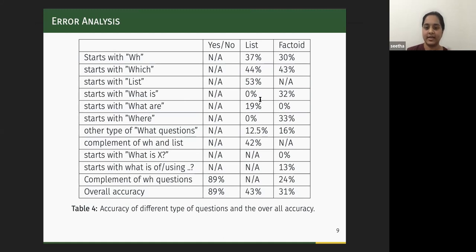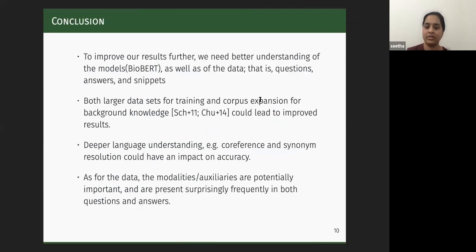From this error analysis and our hypotheses, we would like to conclude that if we have a better understanding of the models like BioBERT or whichever model we are running, and also a better understanding of the data, we can improve our results. Also, both larger data sets for training and corpus expansion for background knowledge could lead to improved results.